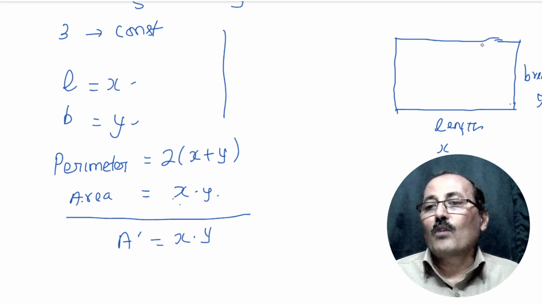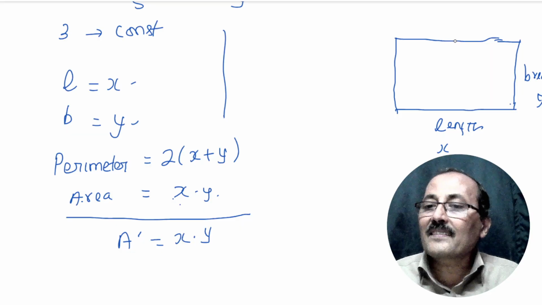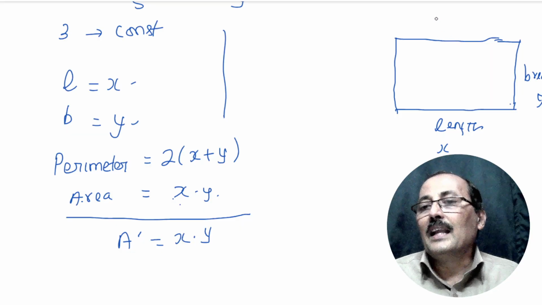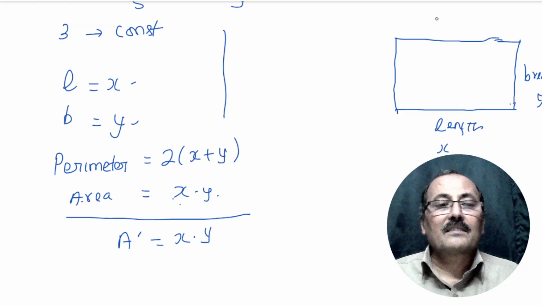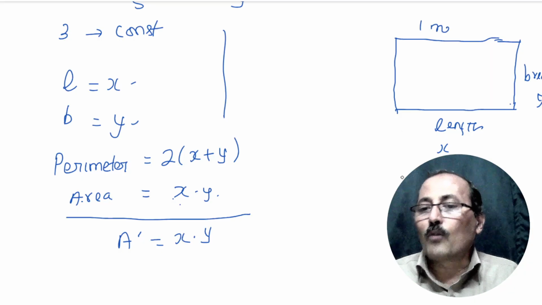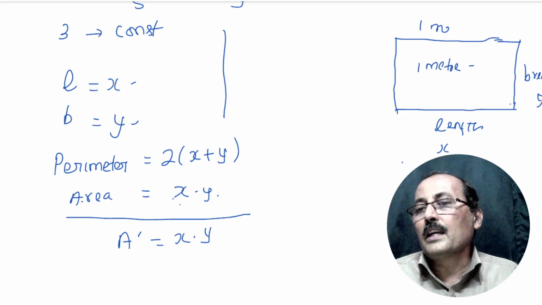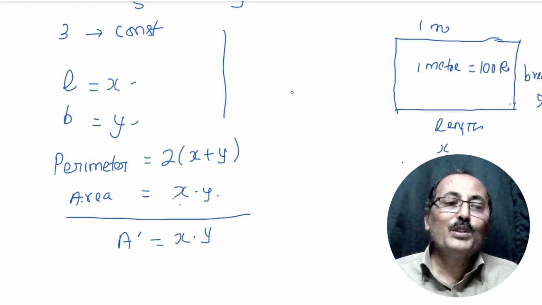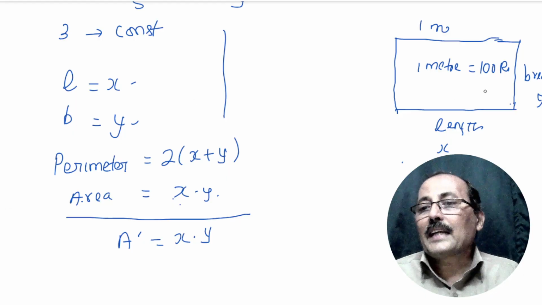Suppose someone wants to fence this garden, but the length and breadth we don't know, and the cost of 1 meter is 100 rupees. Then how will you calculate how much is needed?